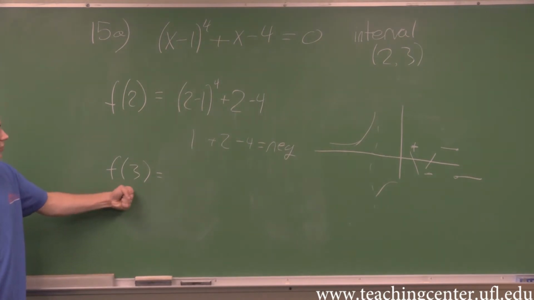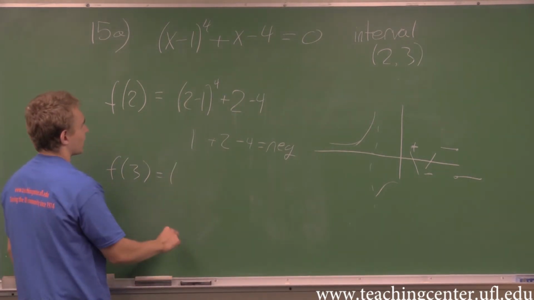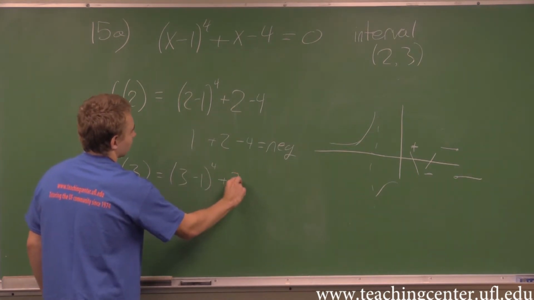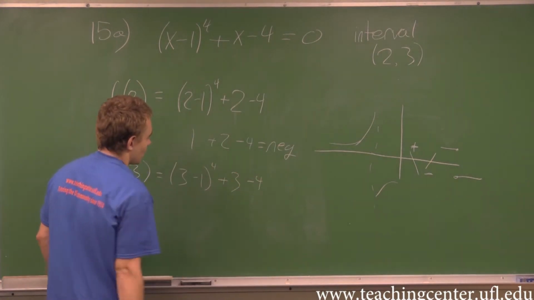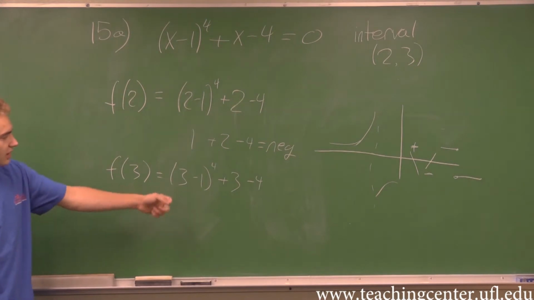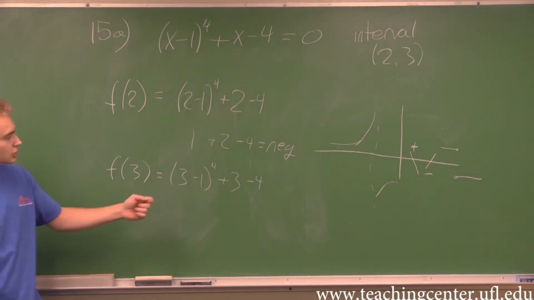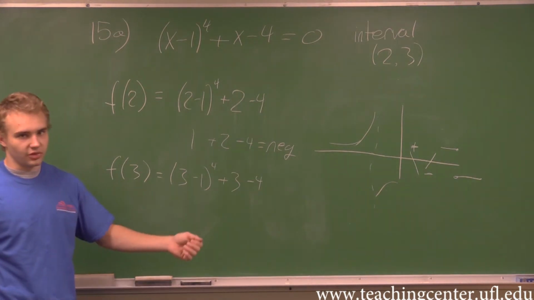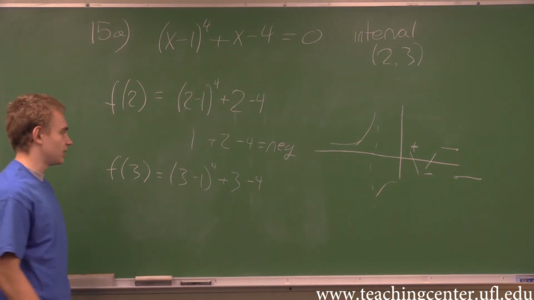Okay, so f of 3, if I plug in 3, I now have (3 minus 1) to the 4th plus 3 minus 4. So 3 minus 1 is 2. 2 to the 4th is 16, always, right? Because 2 to the 3rd is 8 times 2 is 16.